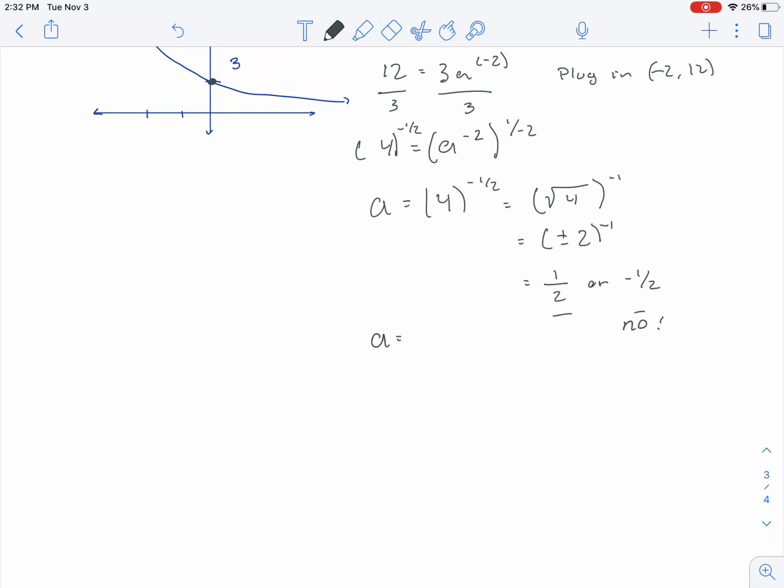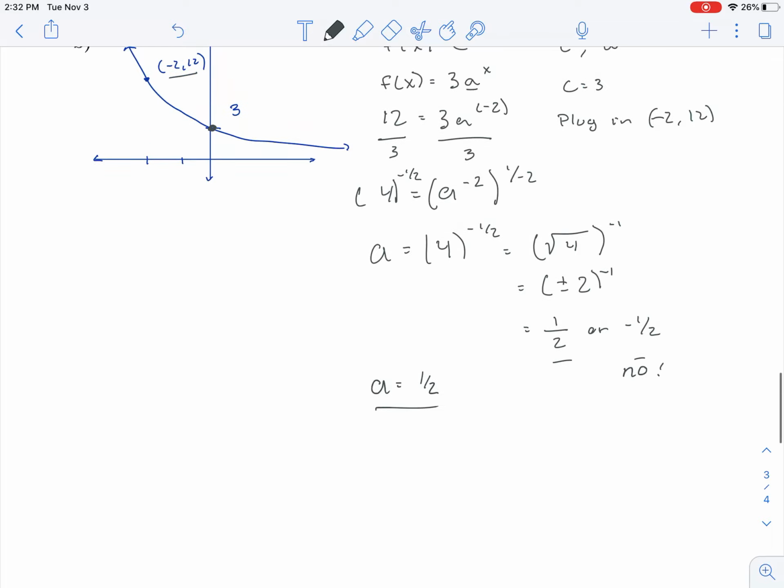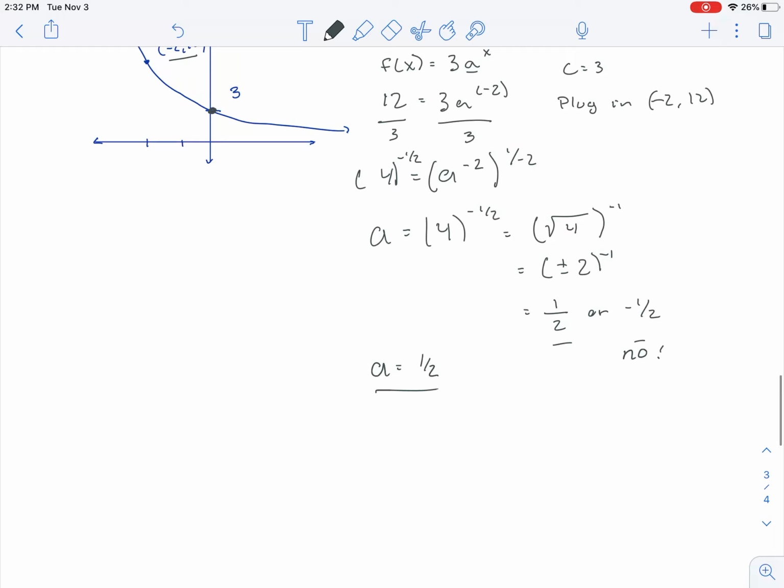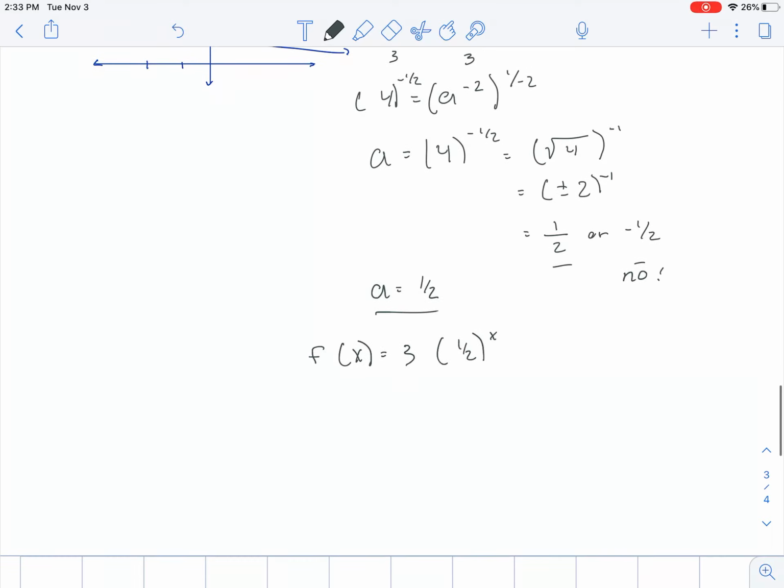I can confidently say that a is equal to 1/2. Great. I was supposed to find the function, and I found all the pieces. Now I'm going to put them together. a equals 1/2 and c equals 3. So that is how I get my magic function of f of x equal to 3 times 1/2 to the x. And we're done.